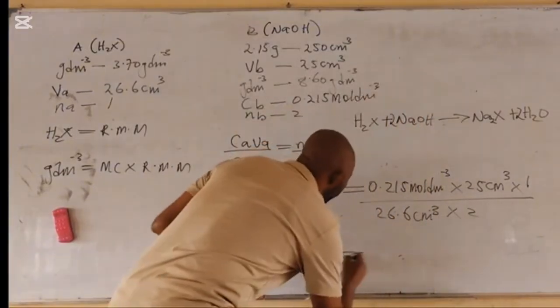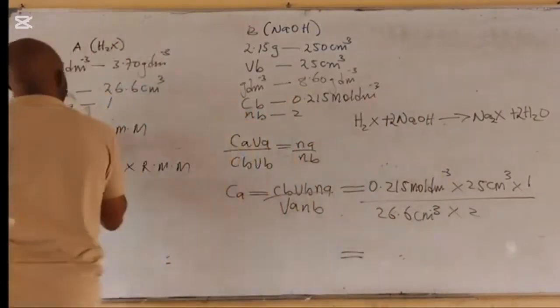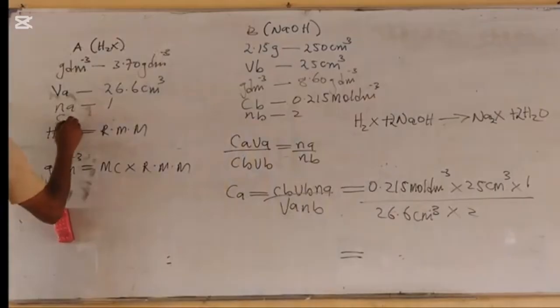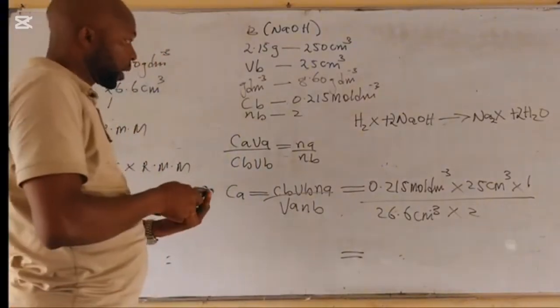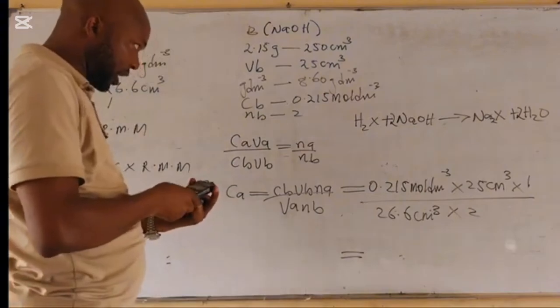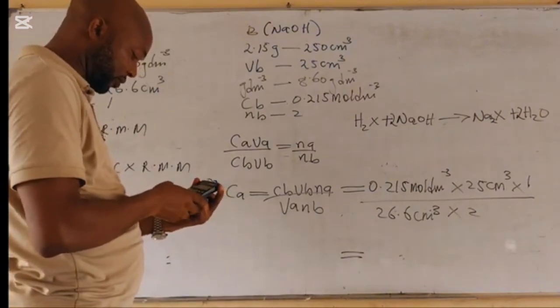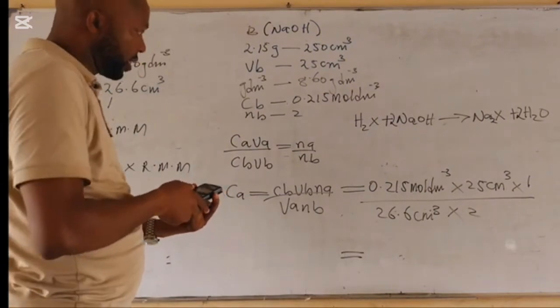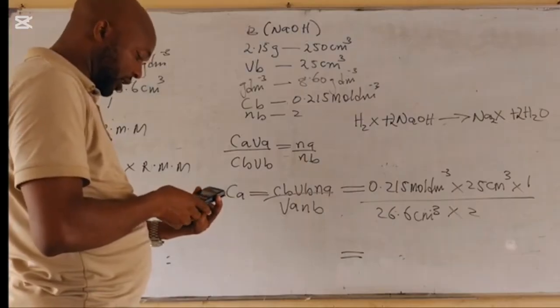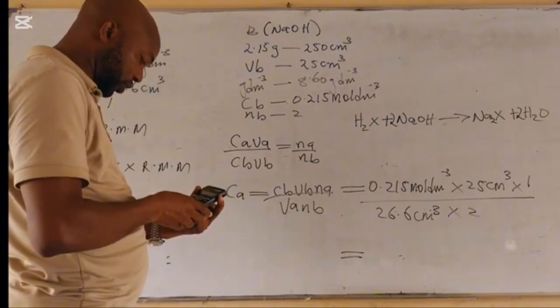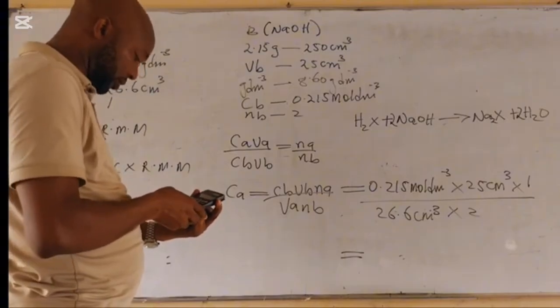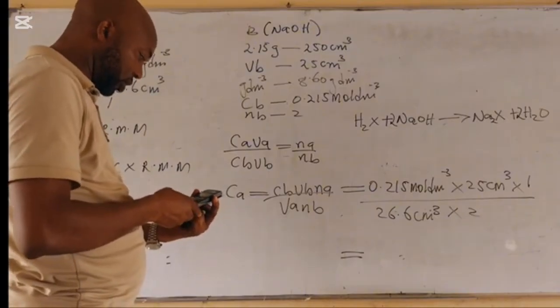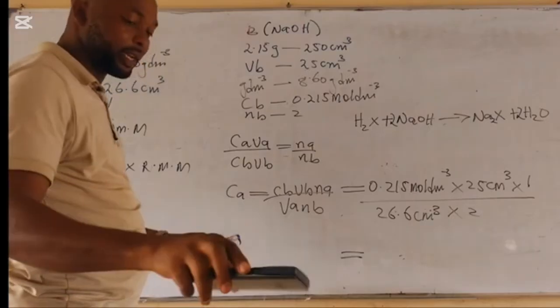So from here, the concentration of acid, CA, will become this. So let's see what we get. 0.215 times 25, divided by 26.6, divided by 2, which is 0.101.